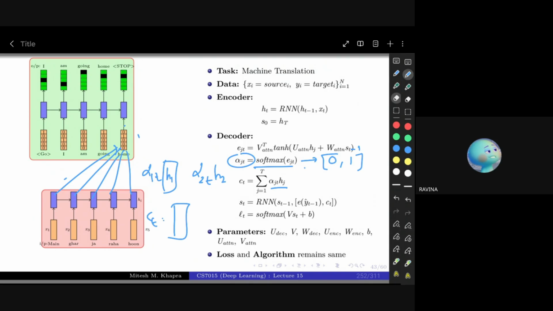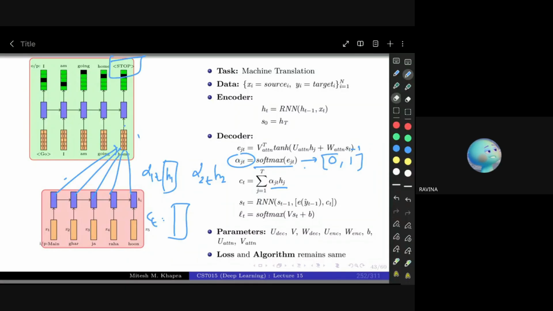This context vector has information about which word has what importance in predicting the next word of my decoder. That's what this c_t will have.